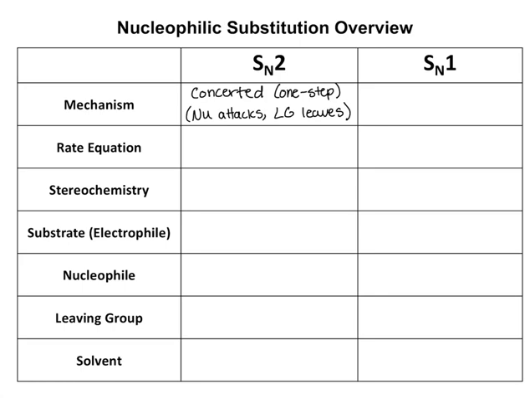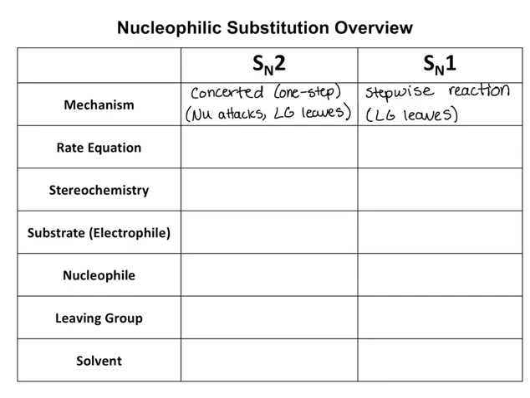And then we know that an SN1 reaction is different because it's a stepwise reaction. So there are multiple steps. And in the first step, so the rate limiting step, the leaving group leaves. And that's all that happens in the first step.